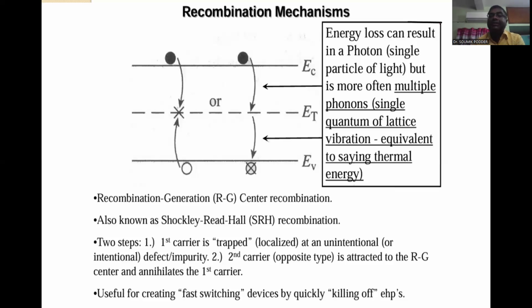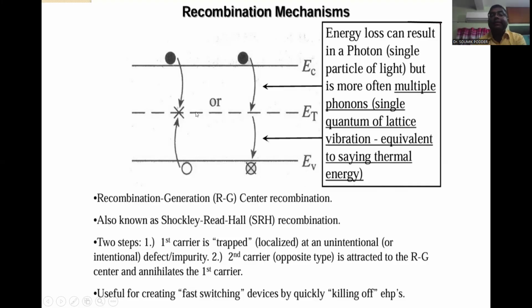I have already mentioned that there is some defect state or impurity state. So the electron will not directly go to the conduction band. Rather, the electron will first be trapped inside the defect state. Then a second carrier of the opposite type is attracted to the RG center and annihilates the first carrier.